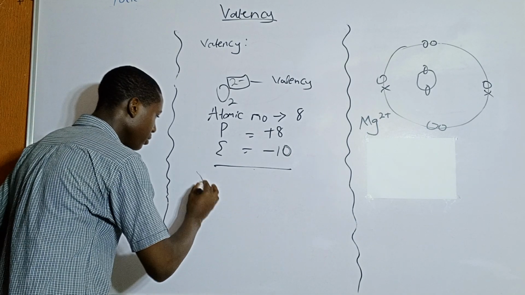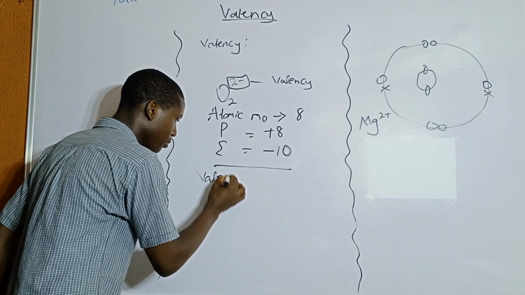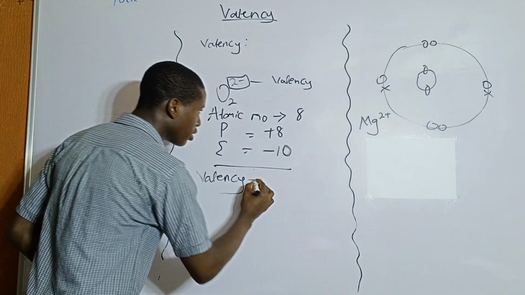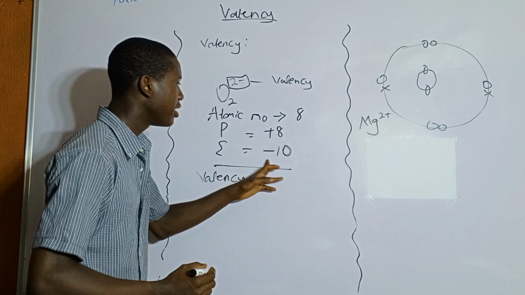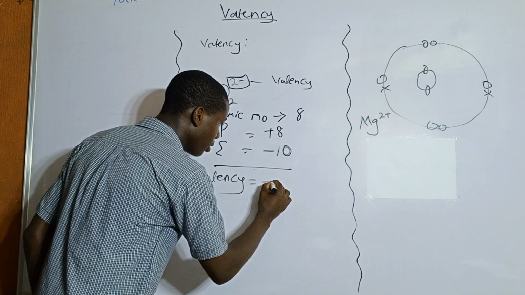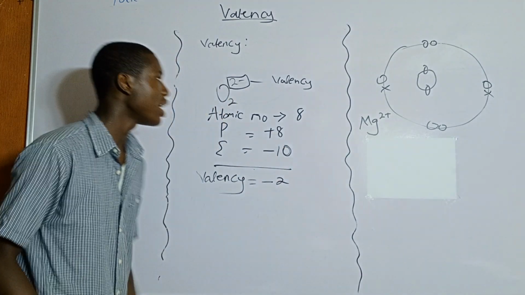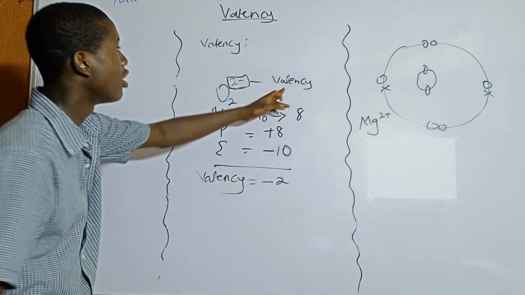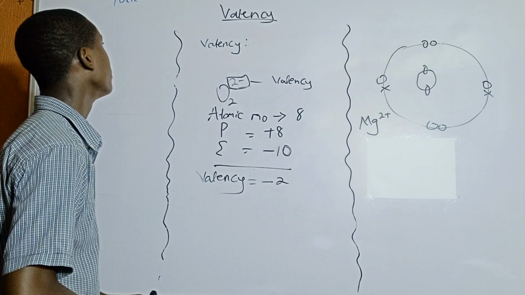Now the valency of oxygen will be equal to plus 8 minus 10, which equals minus 2. And that is how we got this 2 minus for the valency of oxygen.